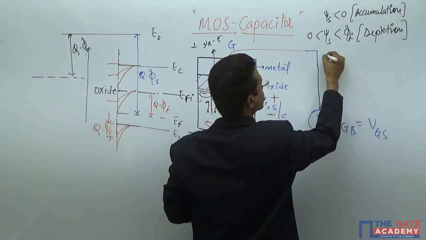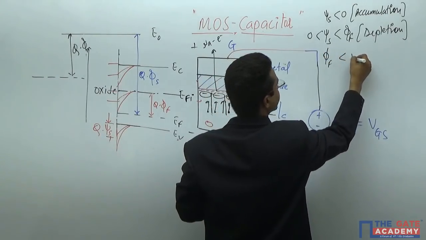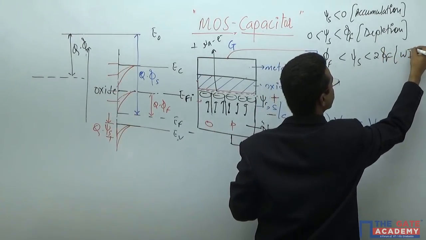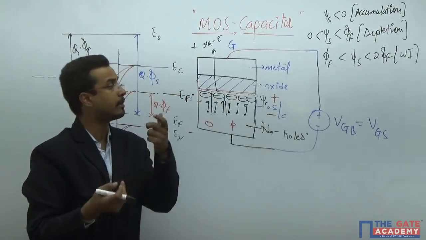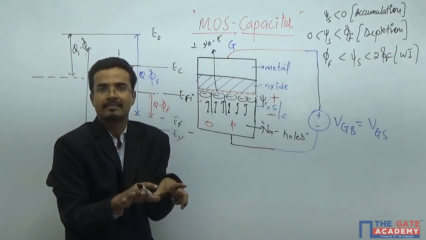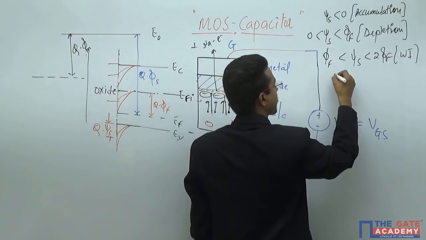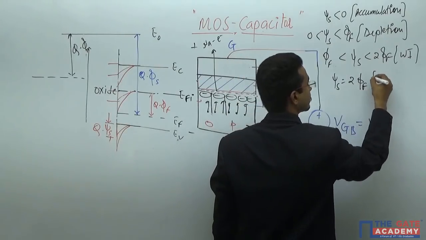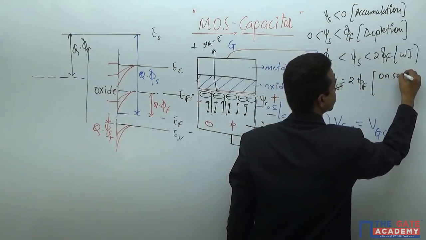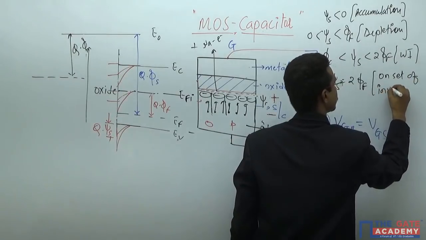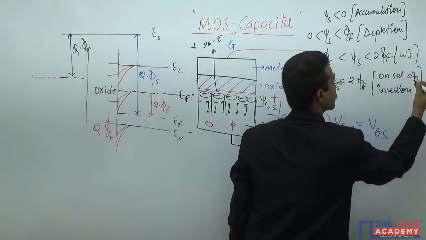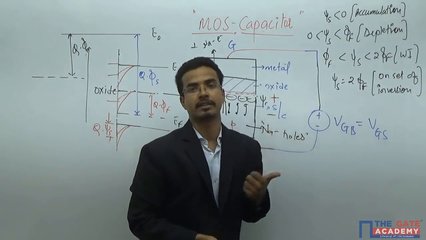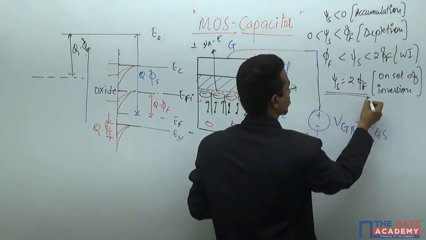When psi s is between phi f and 2 phi f, this is weak inversion, because you have inverted the channel but the number of charge carriers in the inversion region is very small. When psi s equals 2 phi f, this is important, this is the onset of inversion. That means from here you can see a significant change in the charge carriers of the opposite type. So this is my important point.